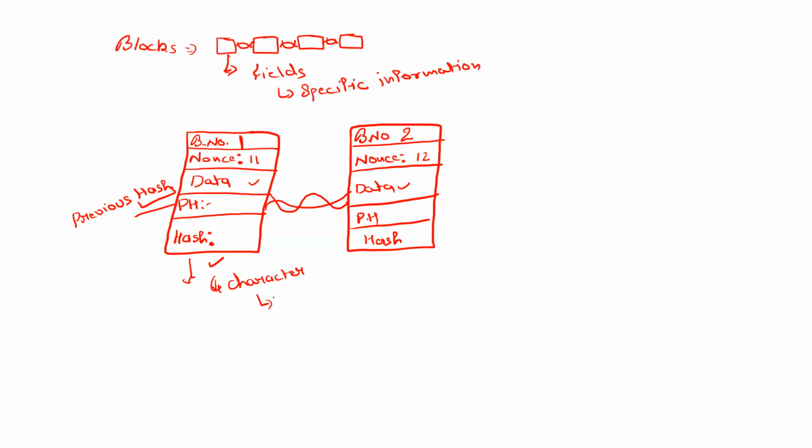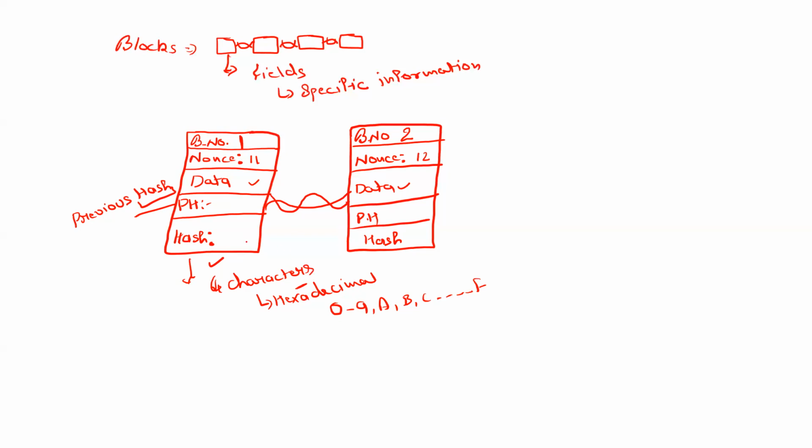And it is in hexadecimal code. We know that hexadecimal means 0 to 9, and after that we get A, B, C till F. So we get the hash value from this. The length of this hash value would be 64 characters, and it is in hexadecimal format.